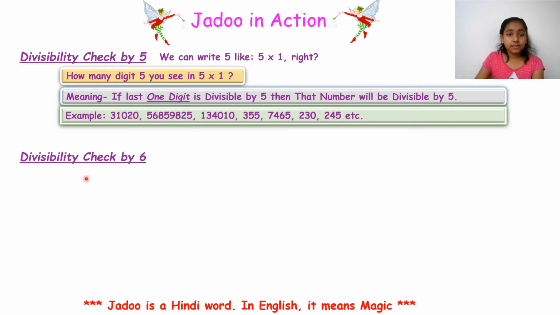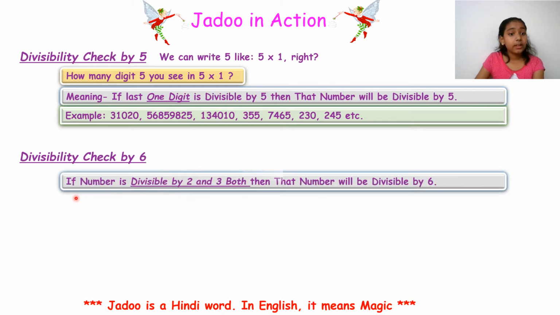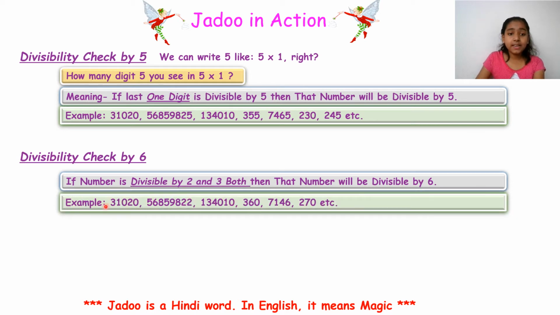Divisibility check by 6 means we are going to learn if a given number is divisible by 6 or not. If a number is divisible by 2 and 3 both, then that number will be divisible by 6. For example, let's take this example and check if this number is divisible by 6 or not.